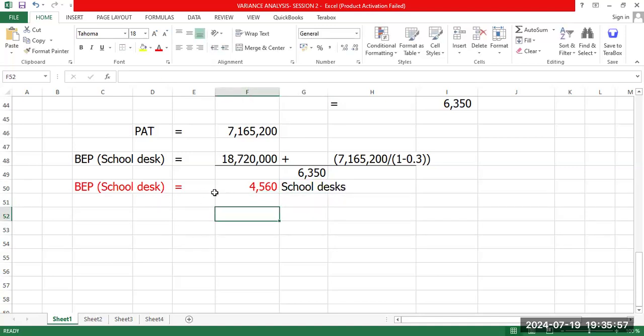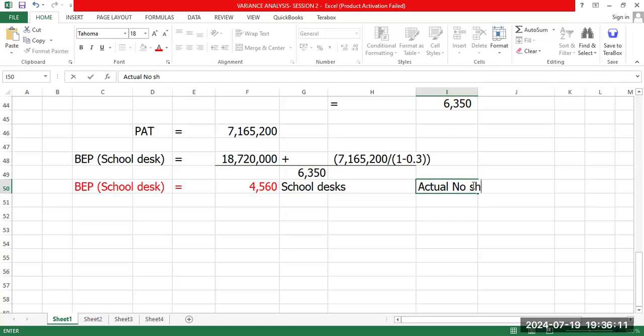You are going to compare this with the actual. Remember the actual number of school desks. Actual number of school desks are how many?